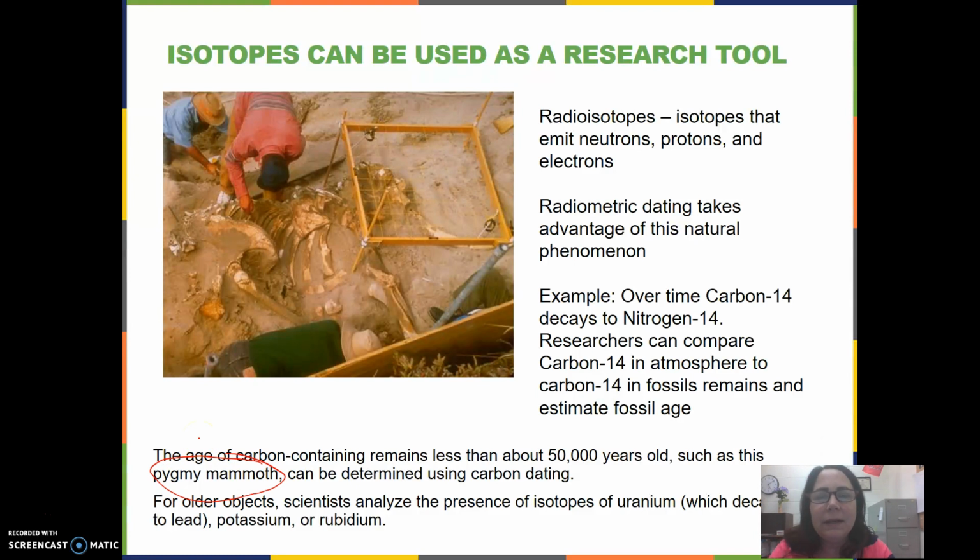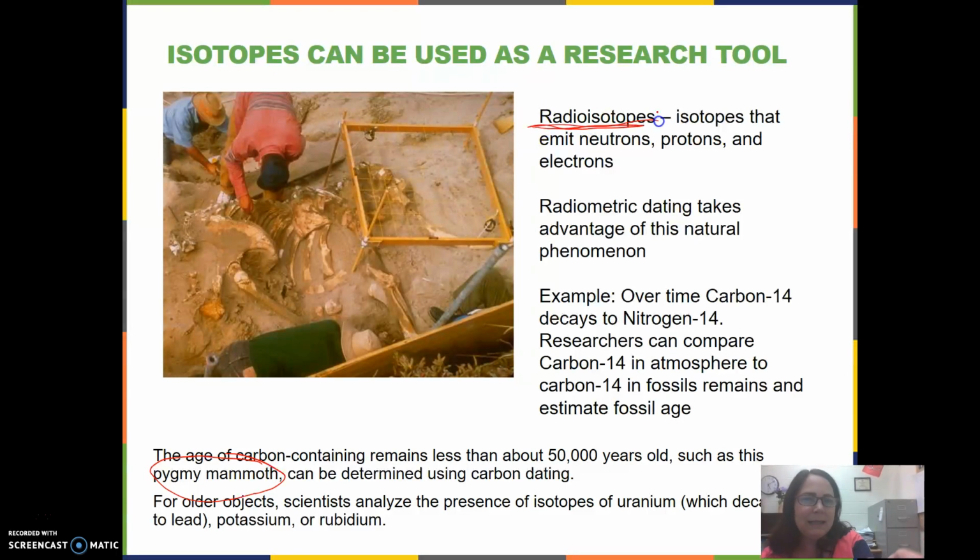Anyway, they're very carefully uncovering the fossilized bones of a pygmy mammoth. The reason this example is being used is because the way that biologists are able to determine the date or the age of a fossil is by using radioisotopes.